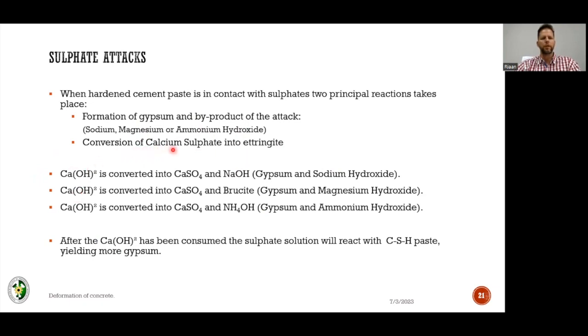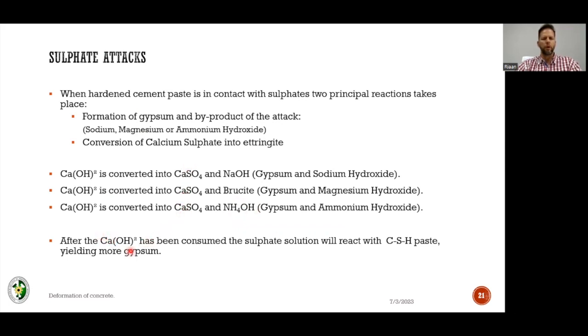The conversion of calcium sulfate into ettringite: calcium sulfate, this is your gypsum, then reacts with further C3A if it's available, and generally it is, and it forms ettringite, and it's very expansive. And these are your reaction properties. So you sit with sodium hydroxide, brucite, ammonium hydroxide as byproducts, but also gypsum, calcium sulfate.